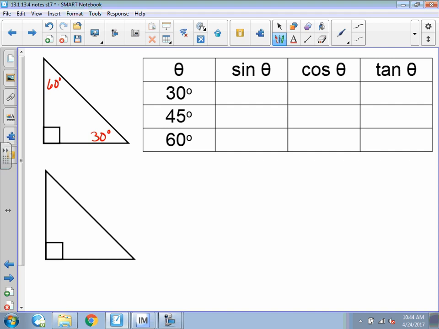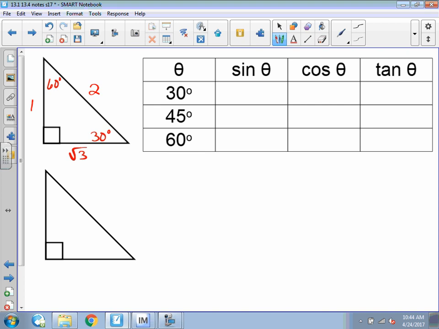That's 1, 2, square root of 3, correct? Where does the 1 go? Across from the 30. Where does the 2 go? Hypotenuse. And the square root of 3 goes across from the 60.